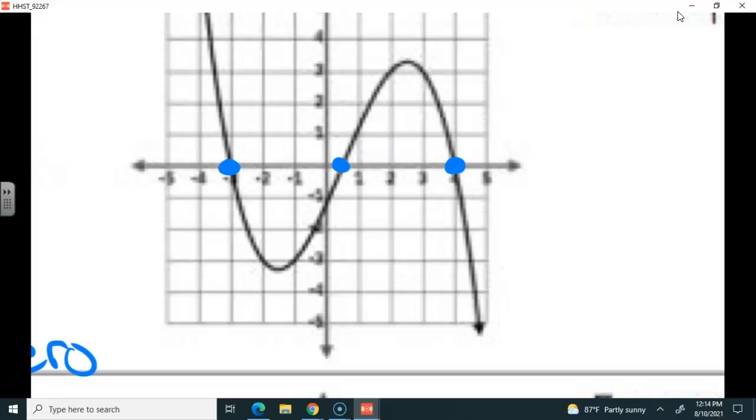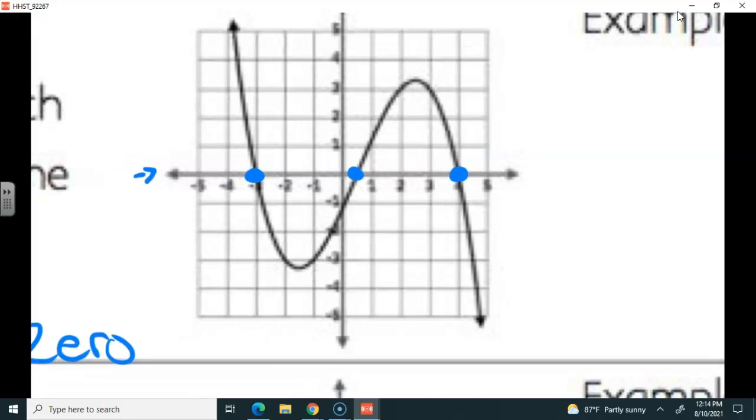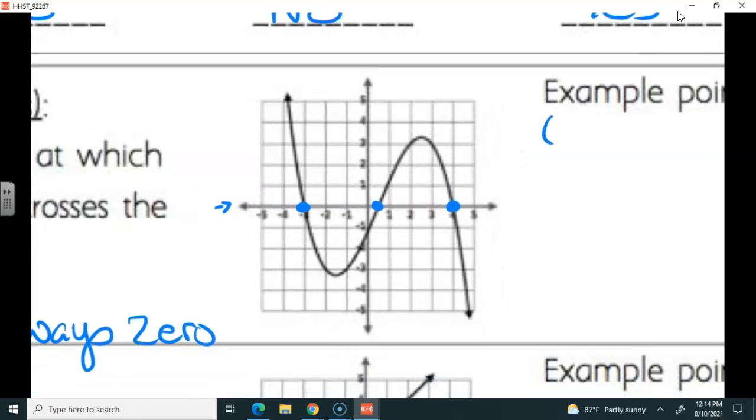So it's where the graph crosses the x-axis. Okay, so if we label those points, we have -3, 0, 1/2, 0, and 4, 0.